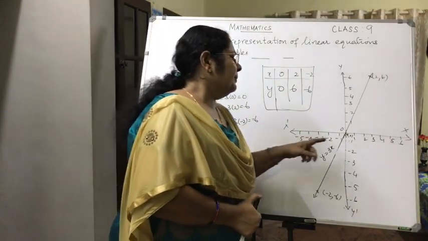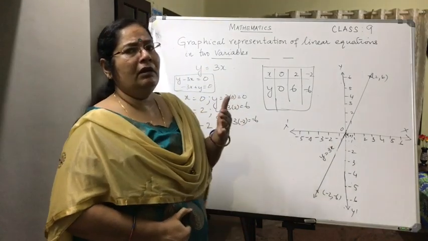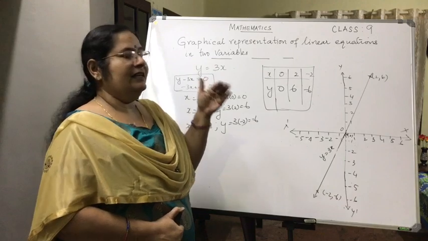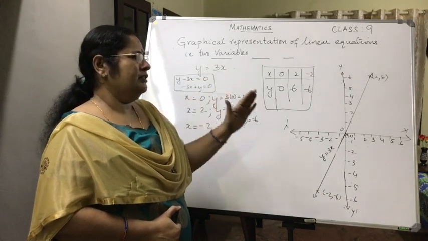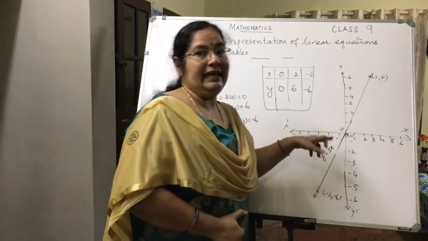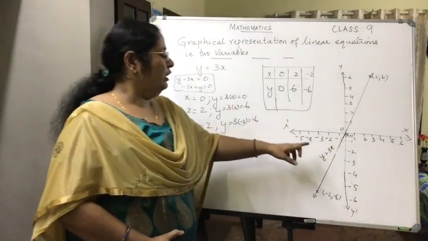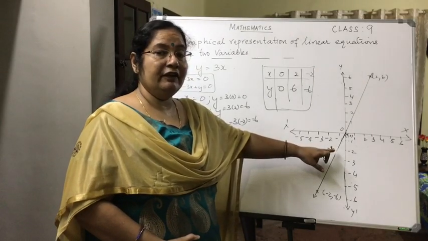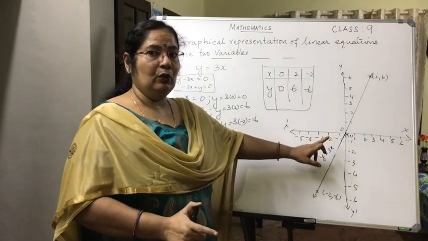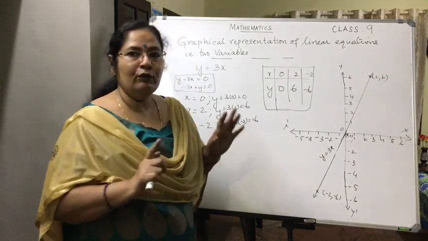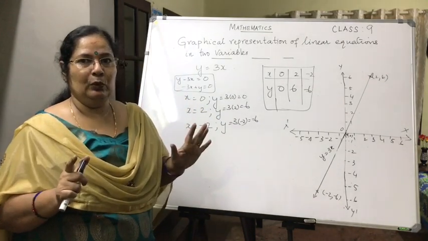Now here one more thing we have found out. Just think it over what we have found out. Just look at the graph. Y equals 3x. That means whenever you are giving the value for x as 0, whatever be the constant over here, the value for y will be 0.